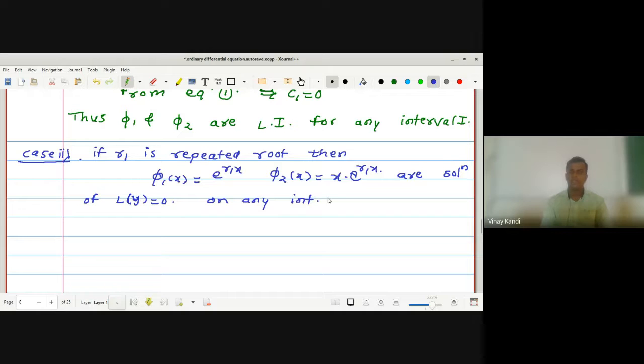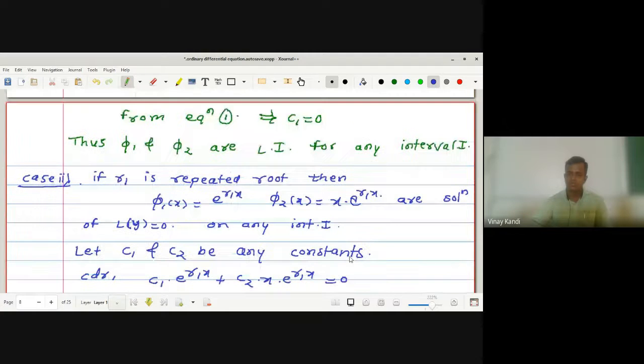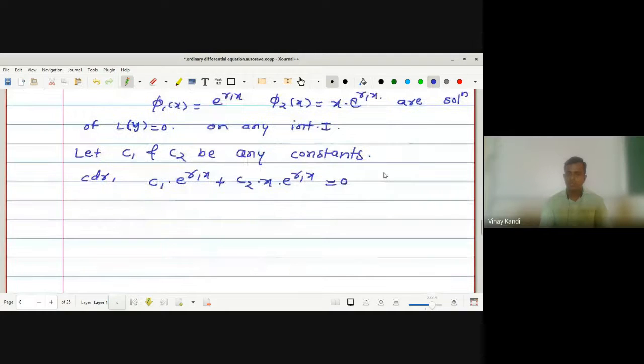Now again, let C1 and C2 be any constants. Consider C1 into phi 1, which is e raised to R1x, plus C2 into phi 2, which is x into e raised to R1x, equal to 0 for all x belonging to I. Take e raised to R1x common.